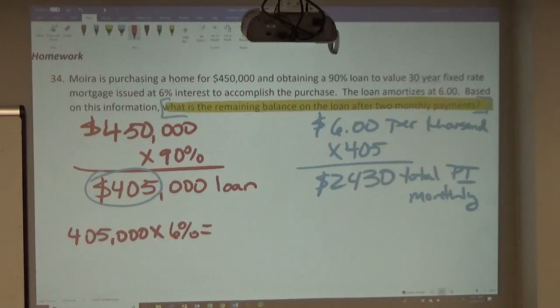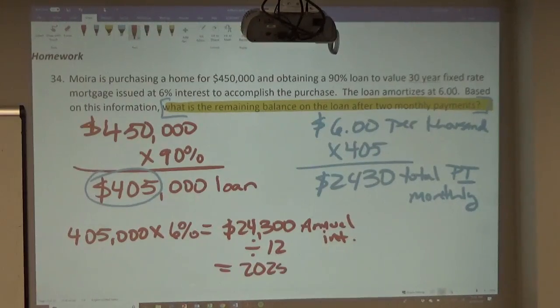That equals $24,300 in annual interest. We can divide that by 12 to get monthly interest, which equals $2,025 in monthly interest.